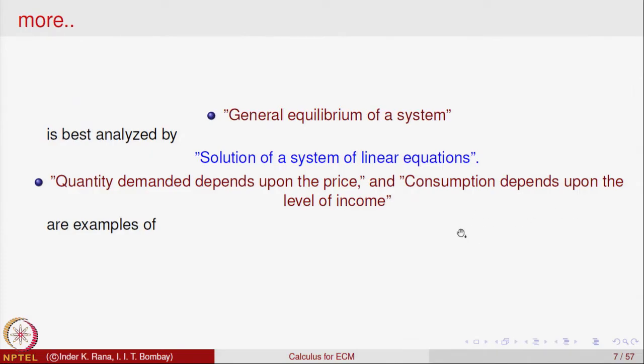These are common assumptions in economic models. So, these are examples of functional relationships in mathematics. There is a functional relation which says the quantity demanded is a function of the price, or the consumption depends on the level of income, so it is a function of the income. The functional relationships describe these things very well.